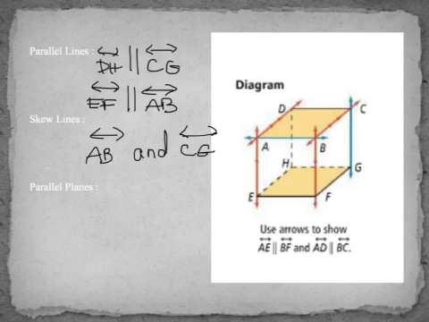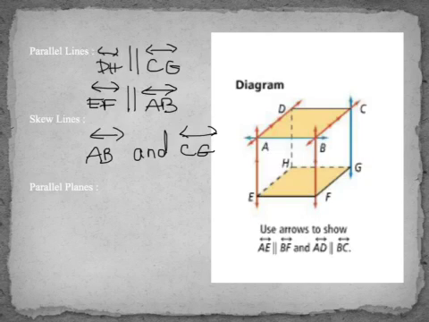So, by that definition, you can't say that AB and HG are skew. First of all, there's a plane that connects AB and HG, so they would be parallel because they're coplanar. You have to say two lines that are not intersecting, they're not coplanar, and they're not parallel. So their slopes aren't parallel and they lie on different planes.